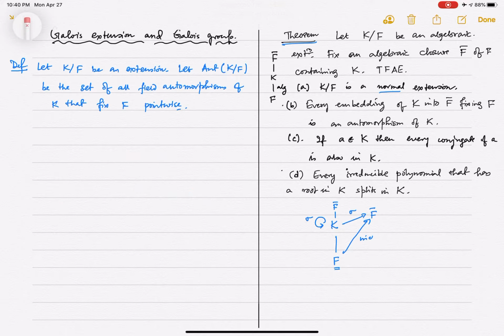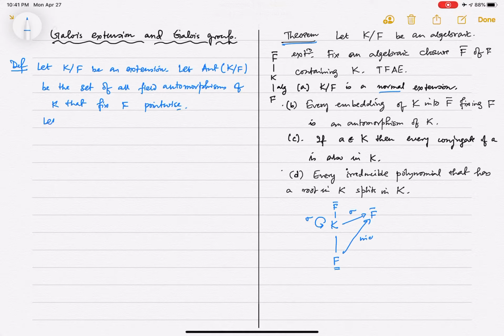At any rate, you have this group, Aut(K/F), which will be sort of the central object that relates field theory to group theory. In particular, while we are at it, I'm also going to introduce something called the fixed field.